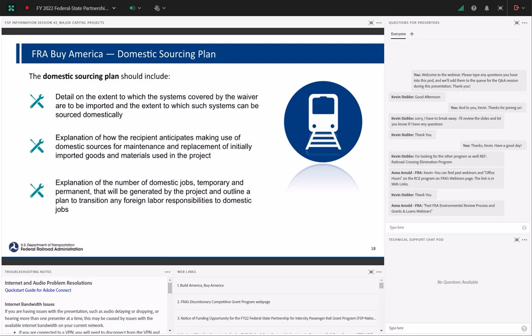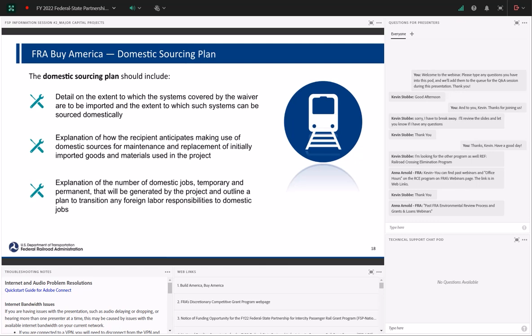If there is no market for those systems domestically, then we encourage applicants to highlight that and show how they are moving towards the implementation of that market within the United States and what their plan is to transition from imported products to domestically sourced products, recognizing that that market may take time to develop. We are looking to see that the applicant is intending to not rely upon the Buy America, Build America waiver, and is looking to develop that domestic market for those products to the extent possible.